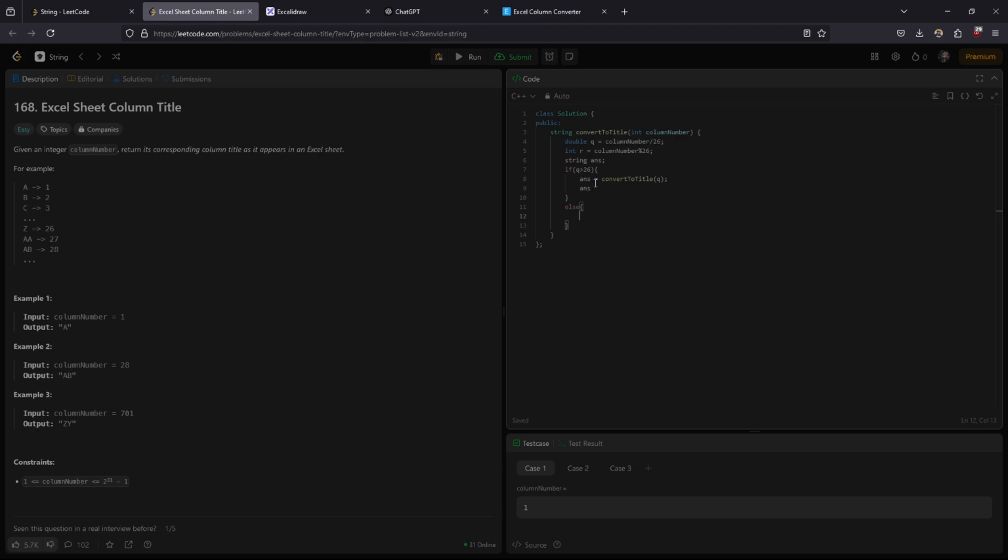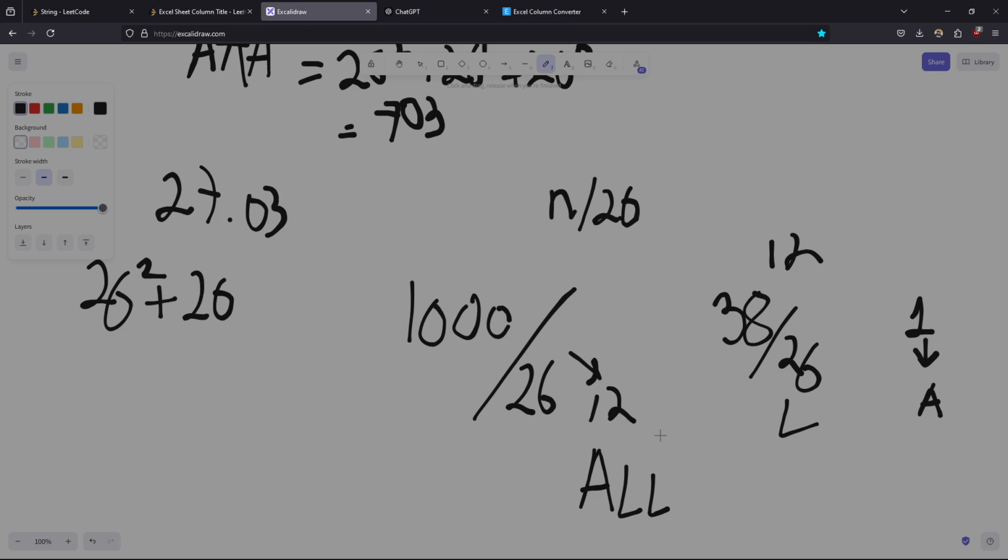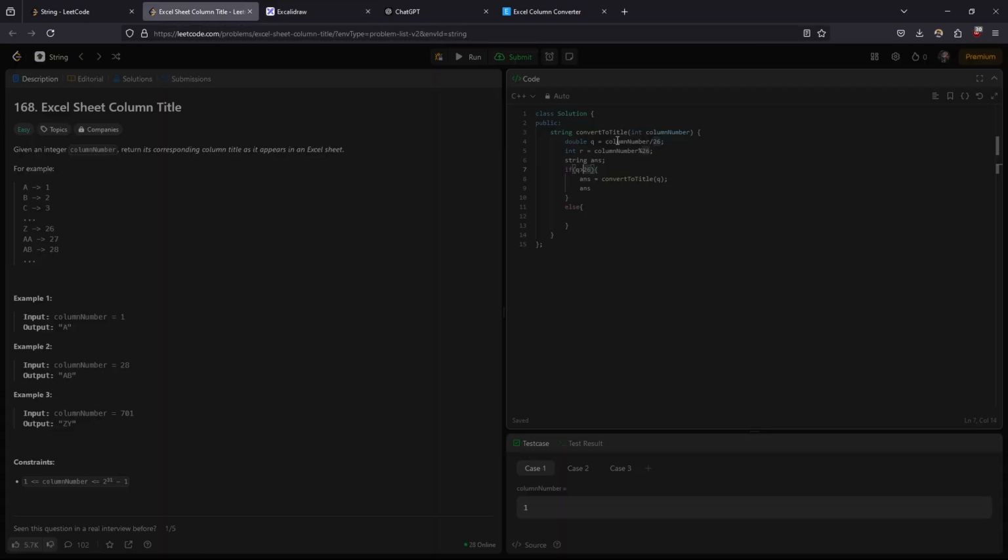Else, if it is not greater than, then what should I do for 26? For Z we need 26, right? So when we divide the number, the quotient will be 1. As 1 is smaller than 26, we will come in the else block, right?